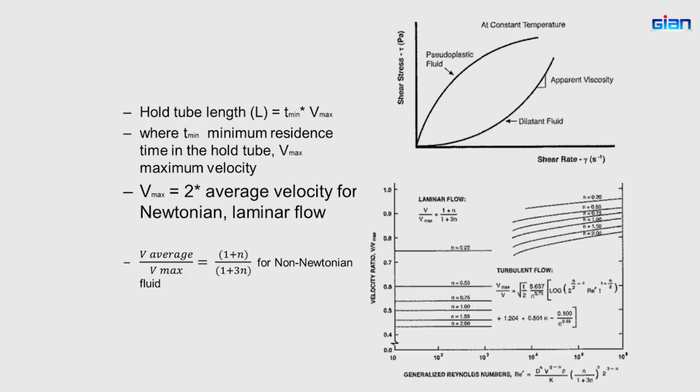Then once you have that, you also need to know the holding tube length. What is the minimum processing time you need, and what is the velocity at which it's flowing through. Here we also need to know the fluid characteristics.